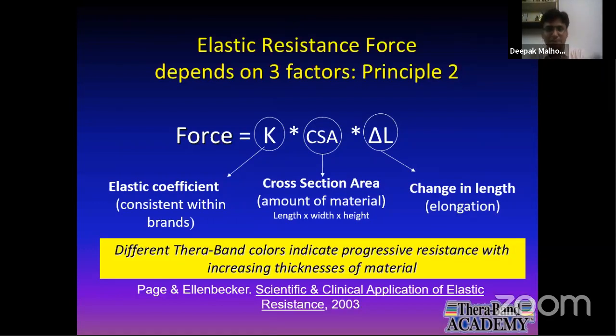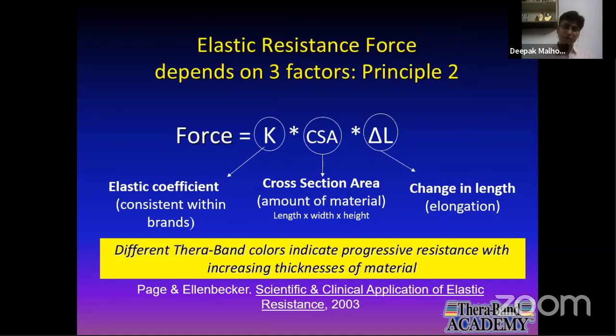Because they were the pioneers in producing these bands, the term Thera-Band has become synonymous with any elastic resistance band. So these principles will apply on any elastic resistance band, but because Thera-Band was the pioneer in producing this product, it has become synonymous. So whenever we have to mention any elastic bands, we just say Thera-Bands, but that is actually a brand name. That is not the generic product, that is a brand name.